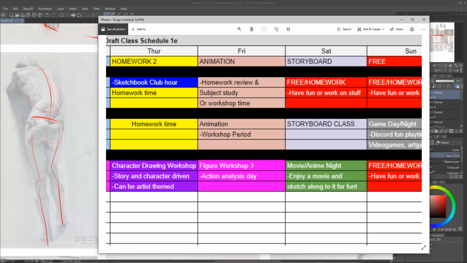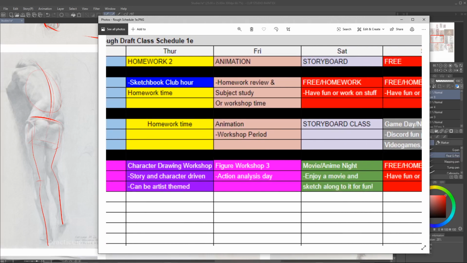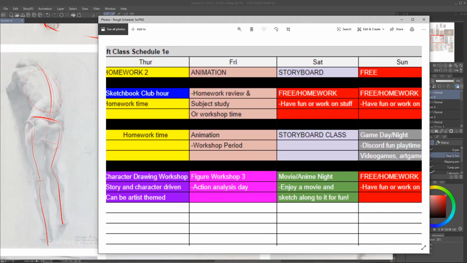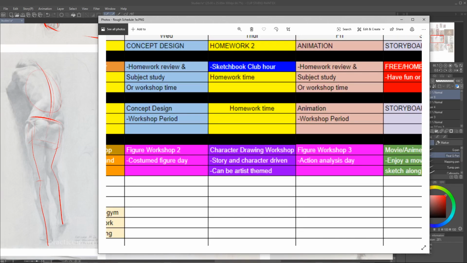The reason I put it here for my animation curriculum is the idea that you would practice drawing your character that you're animating in different poses. This also might involve artist themed stuff.